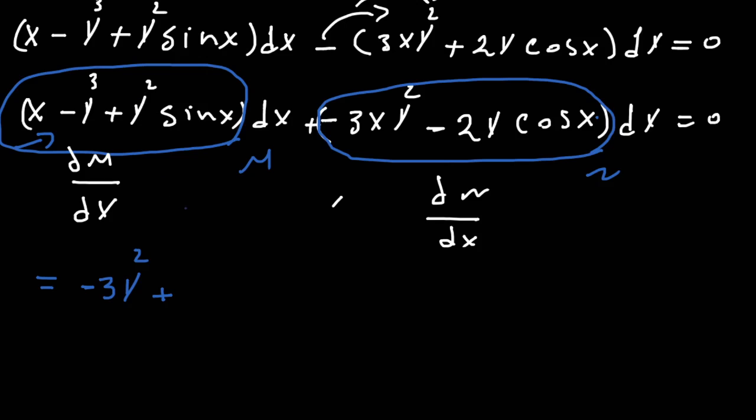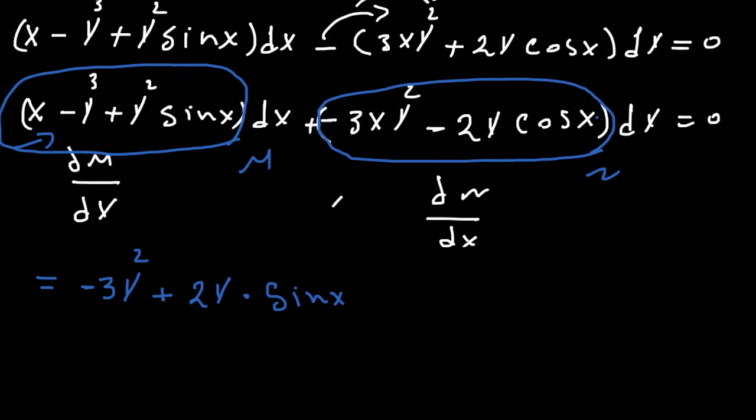So the derivative of the first part, which is y squared, is 2y times the second part, which is sine x, and then plus the derivative of the second part times y squared, which is 0, so we don't really need to write that. Okay, so that is dM by dy.